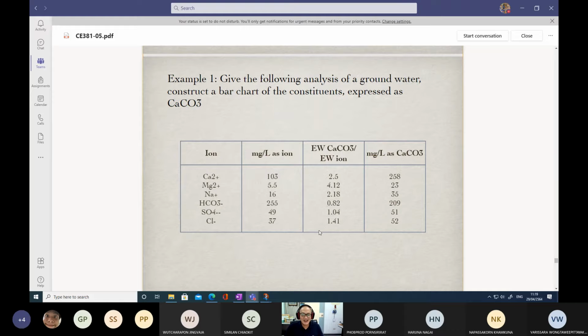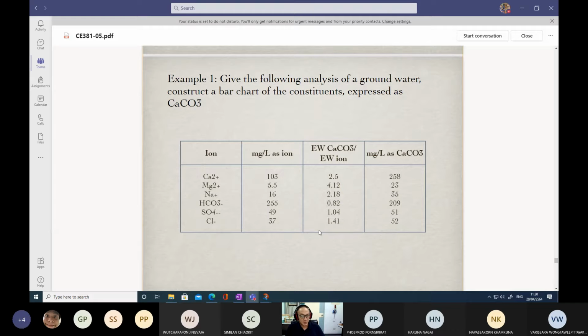For the hardness, we can compare them by converting the units expressed in milligrams per liter into milligrams per liter as calcium carbonate. You can use the molecular weight to convert, or you can use this one. According to this slide, they used what we normally call the equivalent weight.